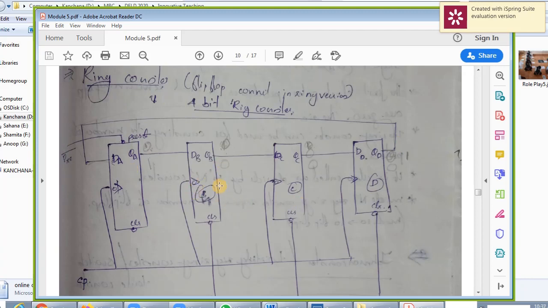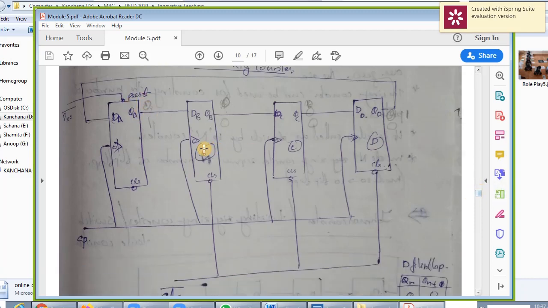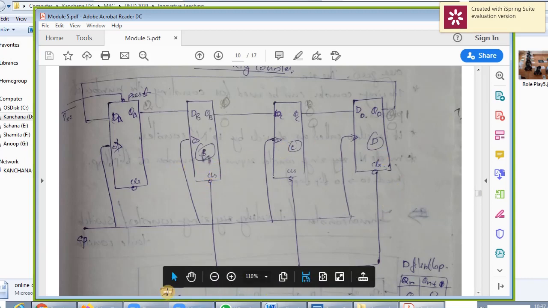Then for the first flip flop, we are using the preset pin, that is PRE bar. Using the preset pin, we are making the output of the first flip flop initially 1. Then for the remaining second, third and fourth flip flops, using the clear pin, we are making the output 0 0 0.